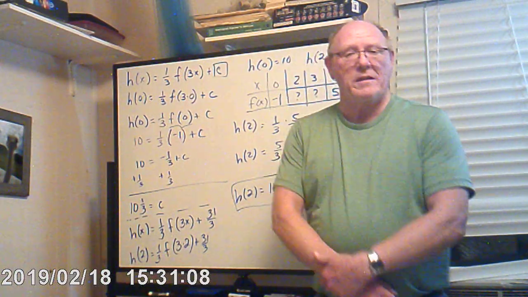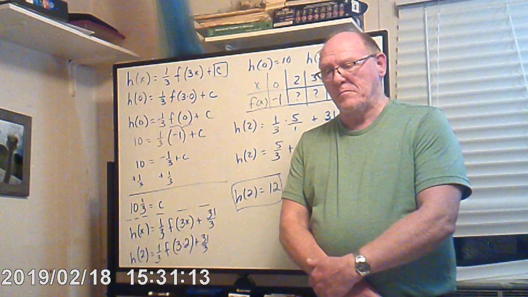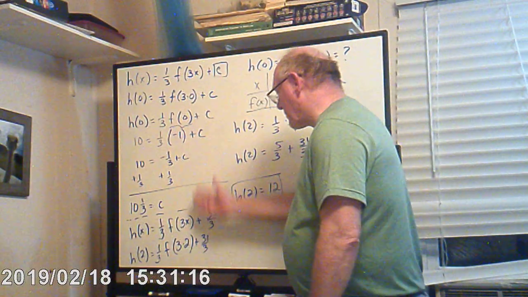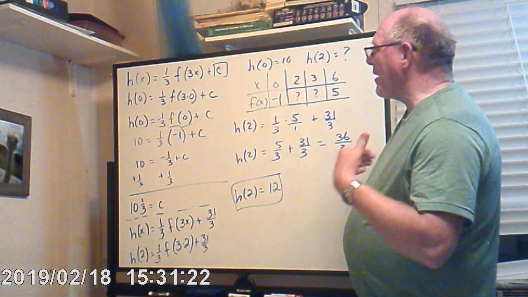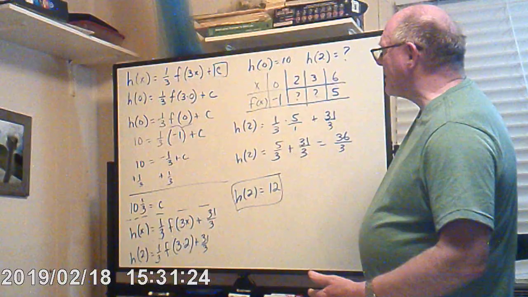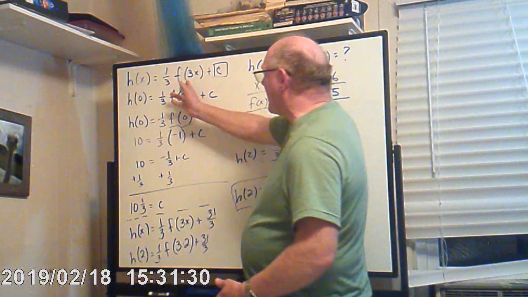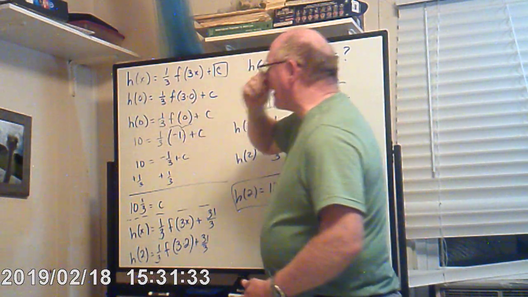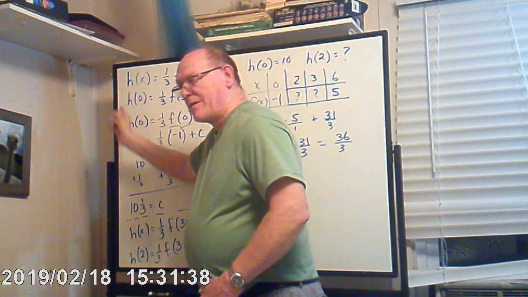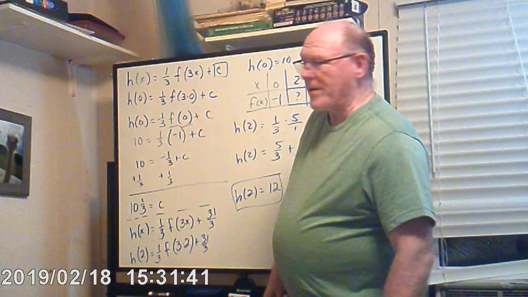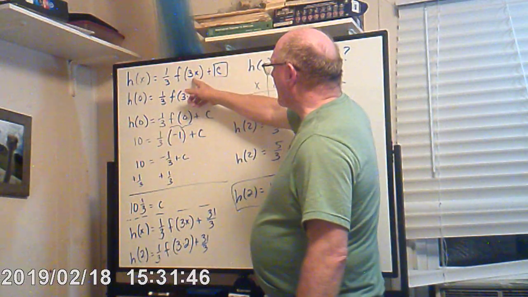Sometimes problems are meant to be long. Sometimes they're meant to be short. But in this case, this is what we came up with here. And my thinking behind this one more time is, when we had that h prime of x equals f prime of 3x, I wanted to get down to h, and the only way to do that is to take the antiderivative of the derivative, and by the fundamental theorem of calculus, that just gives me f. And remember, this 3 is a 1/3.